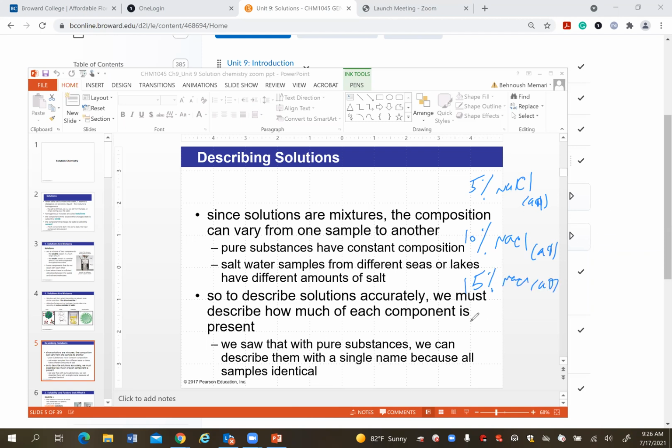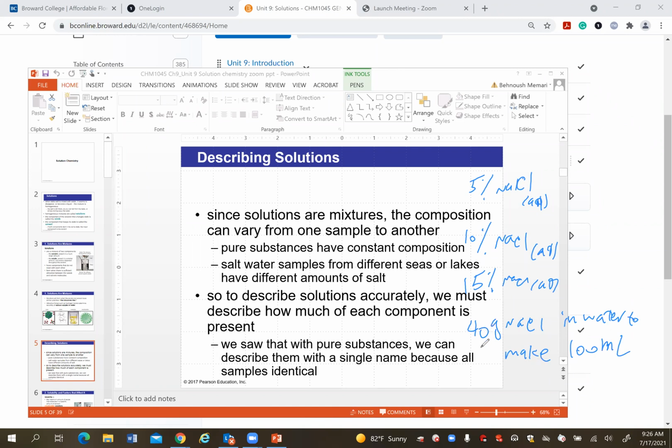At room temperature, if you put 40 grams of NaCl in water, what's going to happen? In 100 grams of water, 40 in water to make 100, or 100 milliliters.